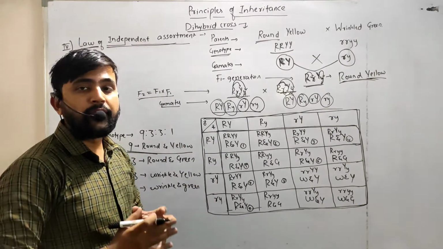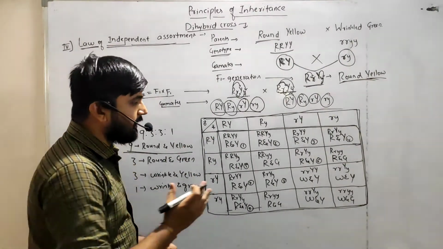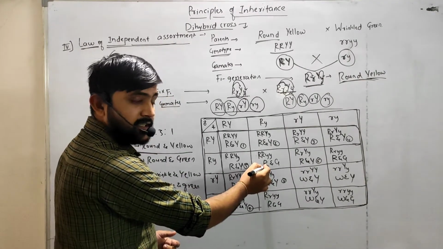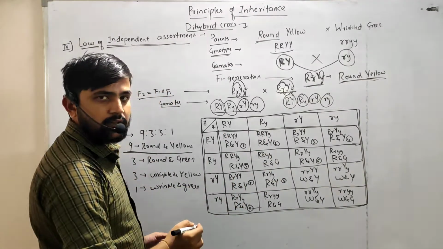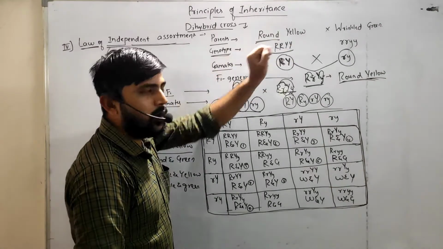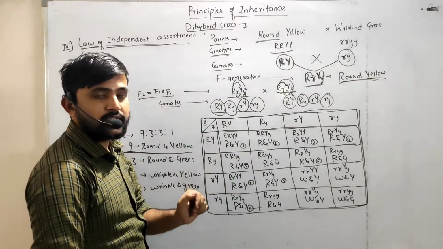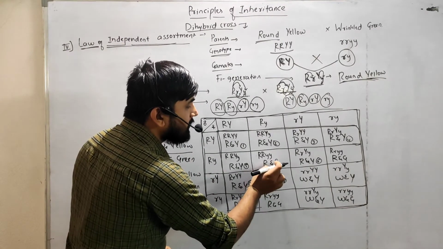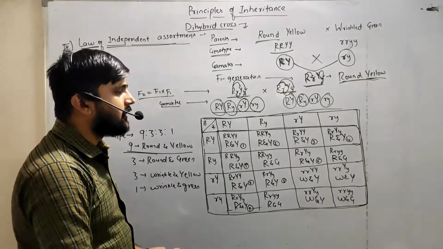But here we get a combination of round seed with green cotyledon, which the parents don't have. In the F2 generation we got a new combination, round with green cotyledons, right?